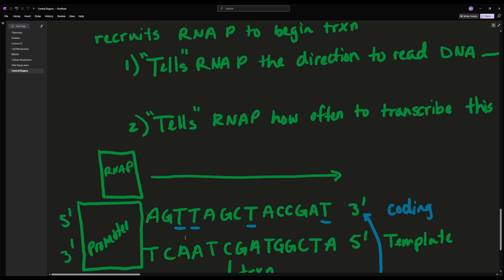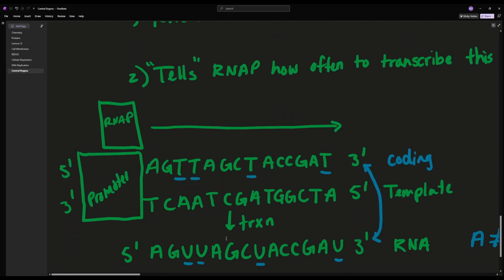Okay. So that is why we call this the coding strand. It is also called the non-template strand. And this one, the template strand, is also called the non-coding strand. There are two other naming schemes, sense and anti-sense, and plus and minus strands. We're not going to get into it. Usually coding, non-coding, template, and non-template are sufficient names for our class.